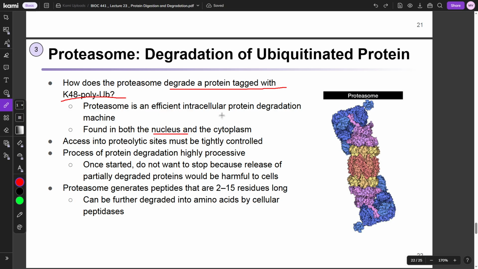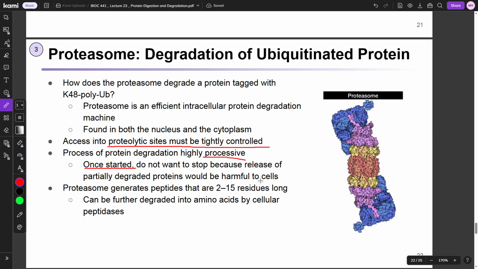Since you're able to find it in both, you have to be very careful with what you're able to put in there and what you can't. So it's highly regulated, highly processive in nature, and once you've started the degradation process, you don't want to stop.